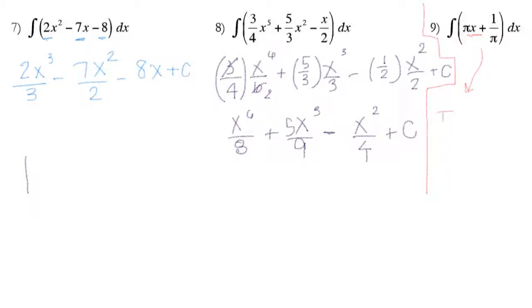So I had pi already there, times x, and we add 1 to the exponent and divide, plus, and again, 1 over pi is just a number. So what was that to begin with? Well, it would have been 1 over pi x. So to simplify this a bit, we're going to have pi over 2 x squared plus x over pi or 1 over pi x, either one, and then don't forget your plus c.